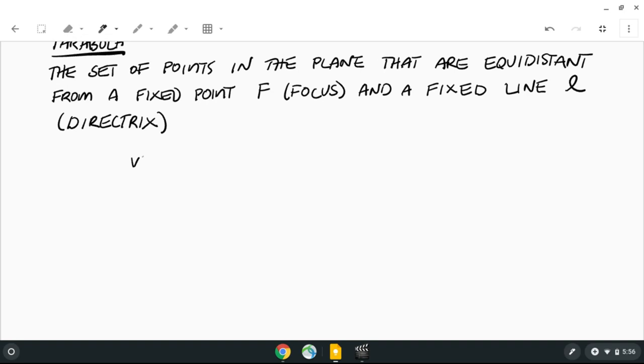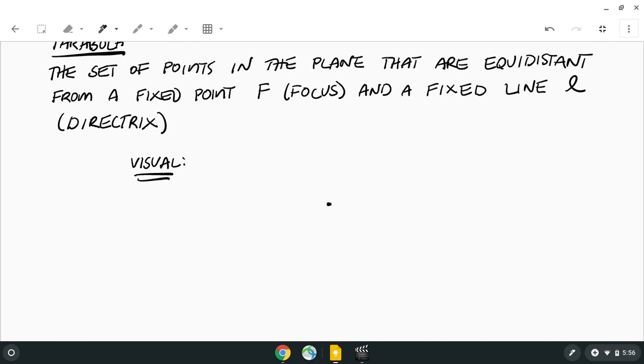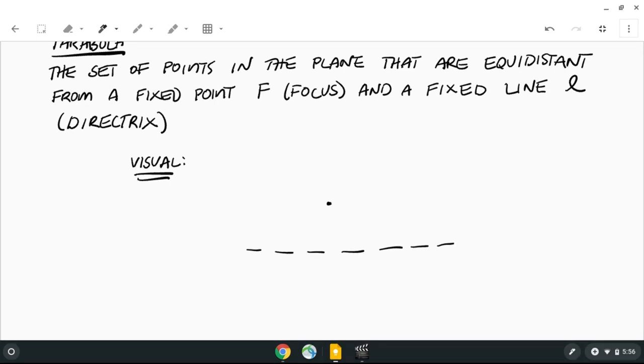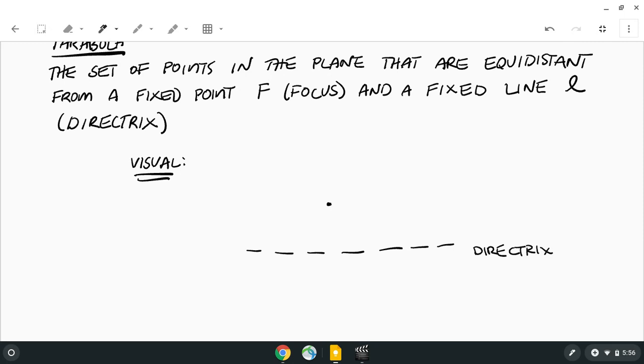Okay, so what this is essentially saying is that you have a fixed point and a fixed line. Suppose that's my fixed point, and suppose that this is my fixed line. This is my directrix, and this here is my focus.